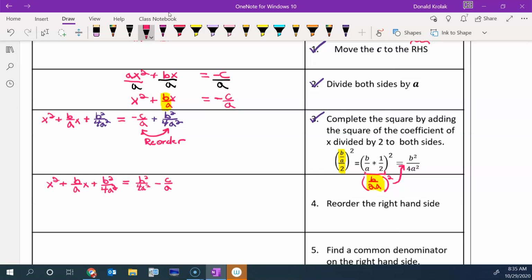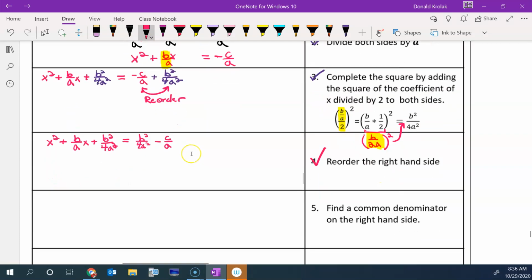Okay. All right, so we did that. Now what we're going to do is find a common denominator for this part right here so we can put it together.